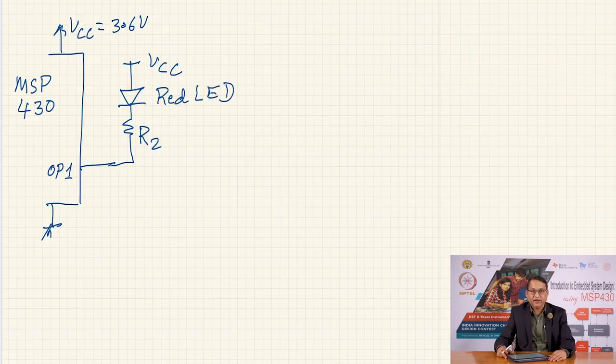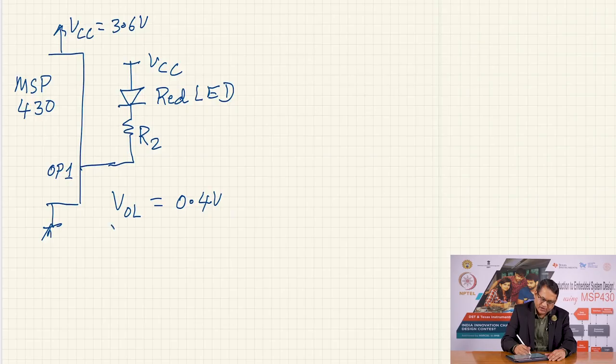As I mentioned earlier, the LED will be turned on when the output 1 is set to logic 0, but when the output is set to logic 0, the output voltage is not 0 volts. In fact, the maximum value of voltage that you will get will be VOL, and we can go to the data sheet to find out the value, but let us assume that VOL is say 0.4 volts.